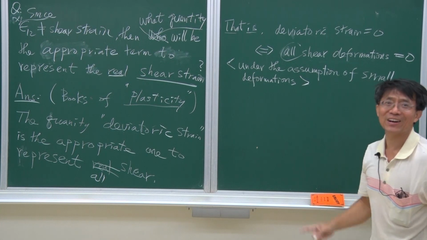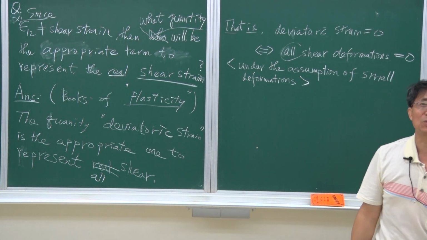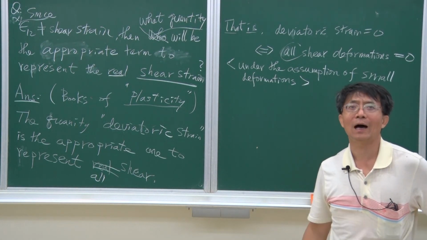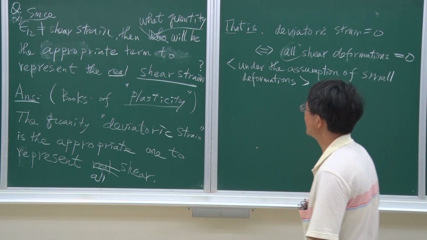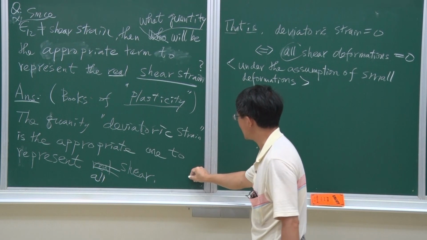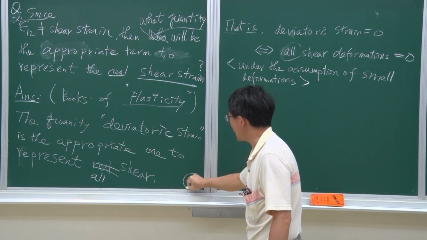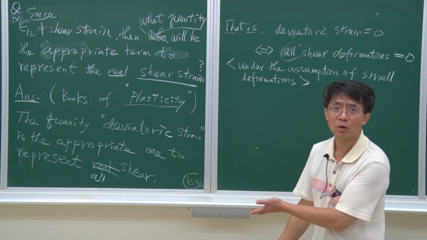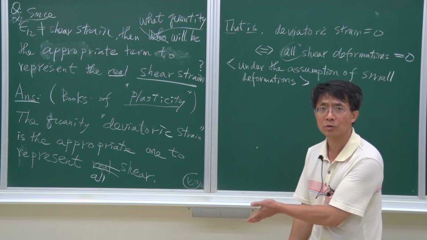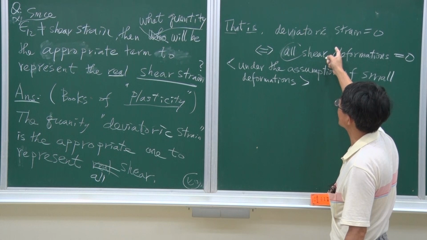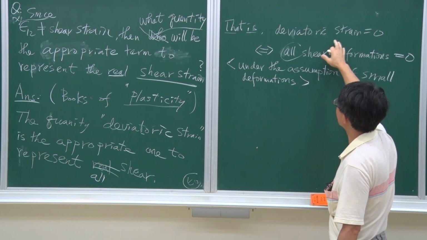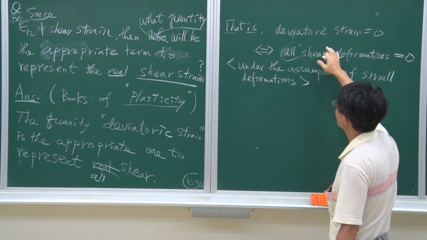But once again, I must draw your attention that now we are talking about classical strain. The term epsilon 12 is the so-called shear strain for the classical strain. So deviatoric strain is also defined for the classical strain here.